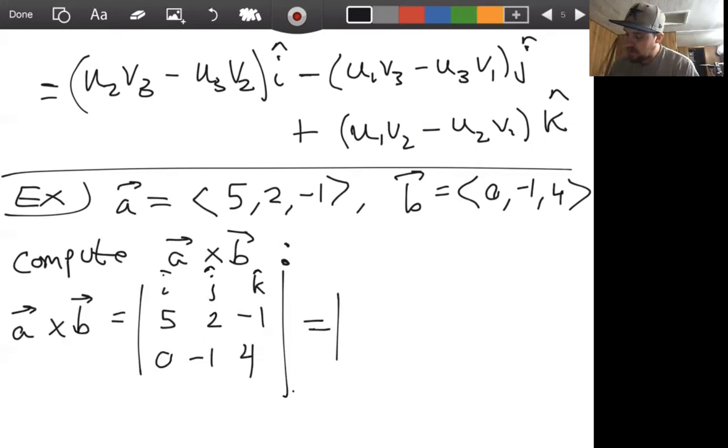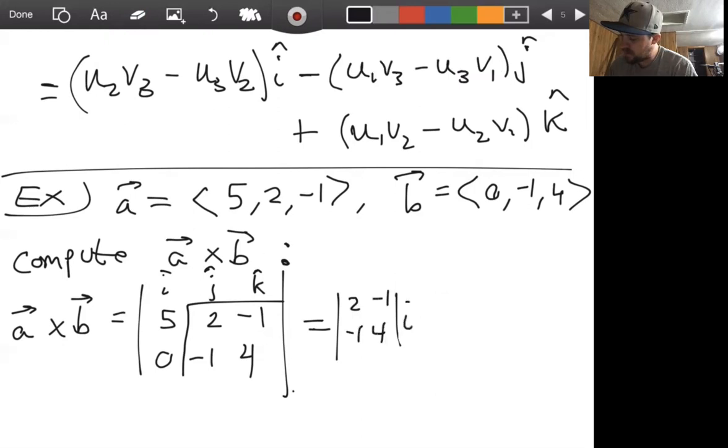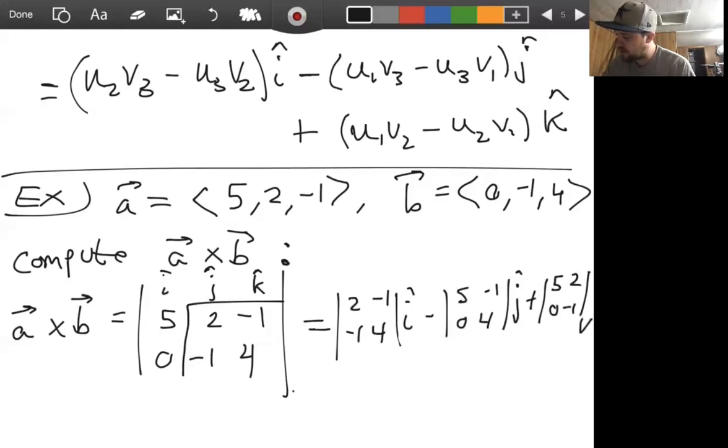This is going to be the determinant of this 2x2 matrix. So we have 2, -1, -1, 4 I hat minus 5, -1, 0, 4 j hat plus 5, 2, 0, -1 k hat.